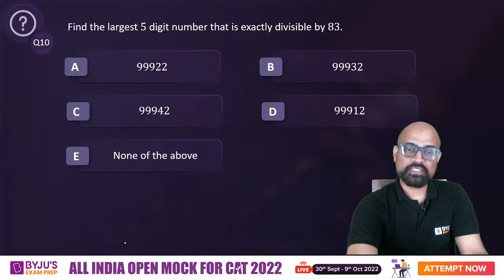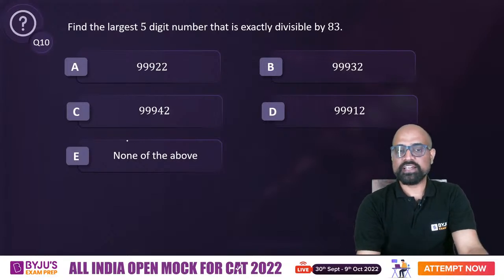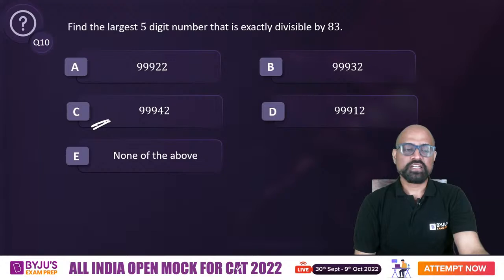So we were doing this. Which is the largest number right now which we have to check? इसको check करो. Is this number divisible by 83? 99942. If it is divisible, great.